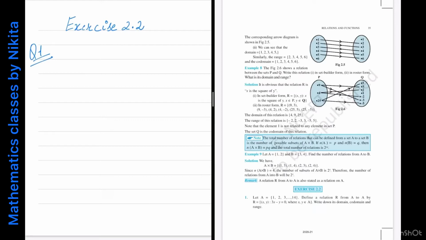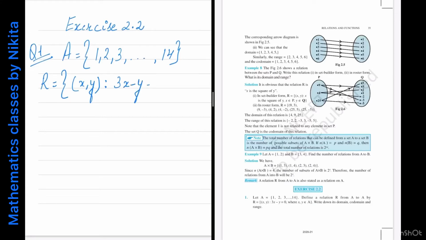So what is given to us? The set A is nothing but the set of first 14 natural numbers. And the relation R is given to be all those (x, y) such that 3x - y = 0 and both x and y are coming from A. Now first of all, let us write the roster form of R. You can see here the relationship between x and y is given to you.